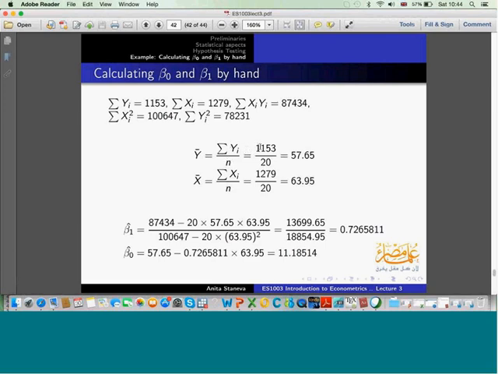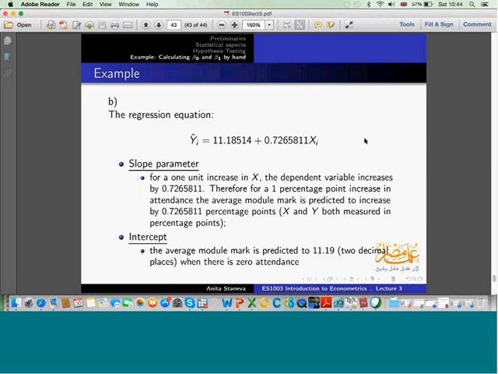So it's equal to the ratio of 1,153 over 20, and the same for x. And this brings us to this regression equation. So for the slope parameter, we have 0.72, and for the intercept we receive 11.1.